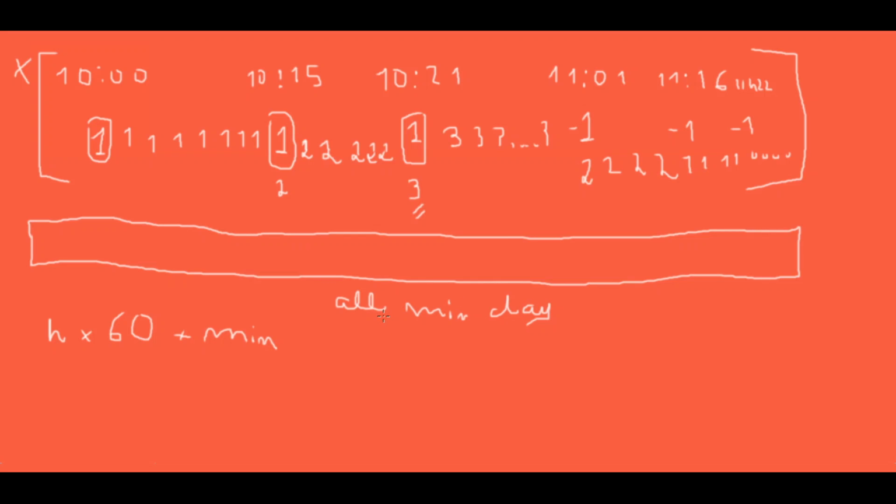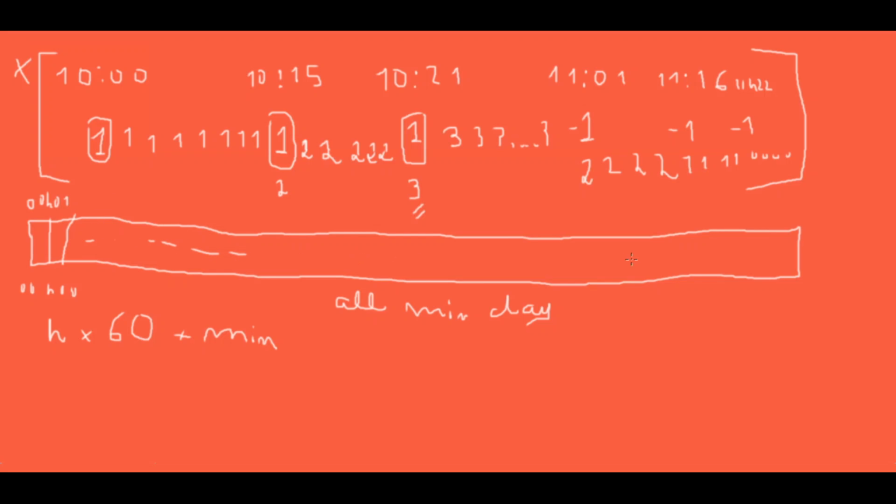So in the first position you have midnight. The next position is equivalent to midnight and 1 minute, and so forth.